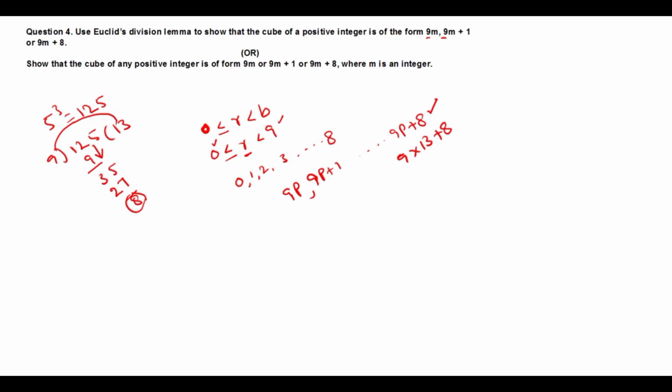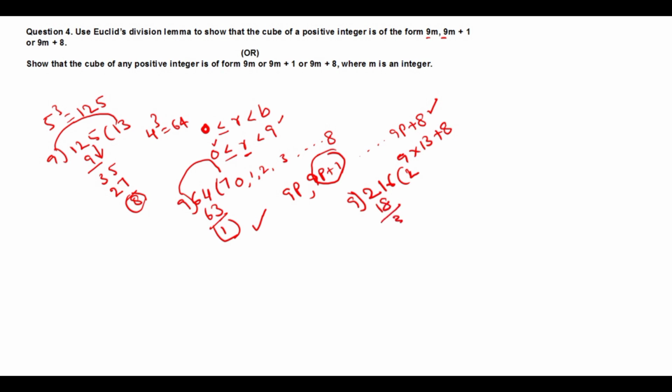Similarly, take another number: 4 cubed is 64. If you divide 64 by 9, 9 sevens are 63, and the remainder is 1. So it is of the form 9m plus 1. Then 6 cubed is 216. If you divide 216 by 9, 9 twos are 18, subtract and we get 36, 9 fours are 36, so the remainder is 0.